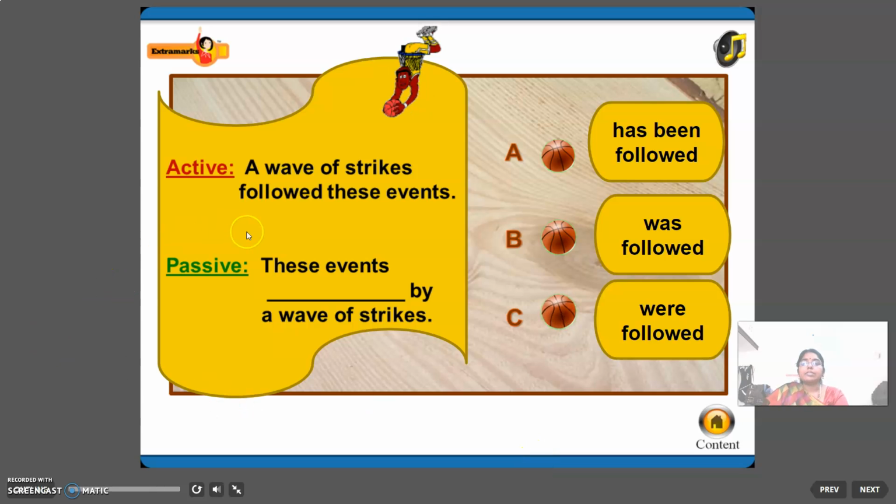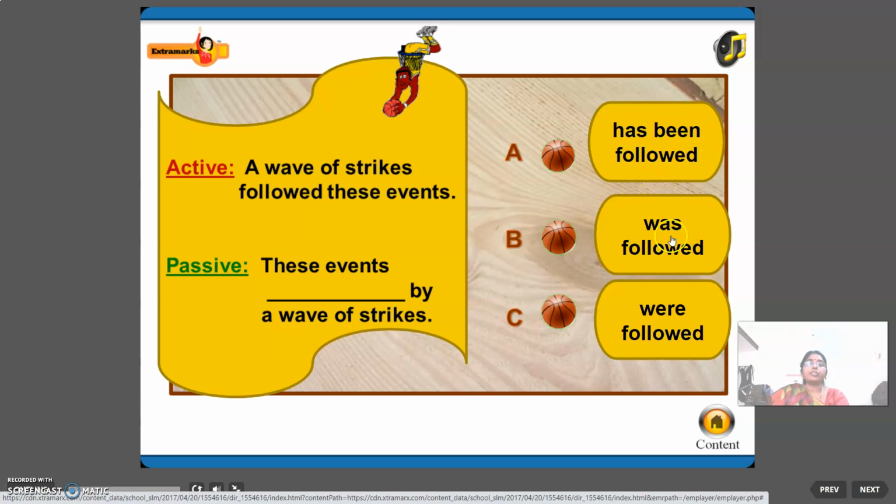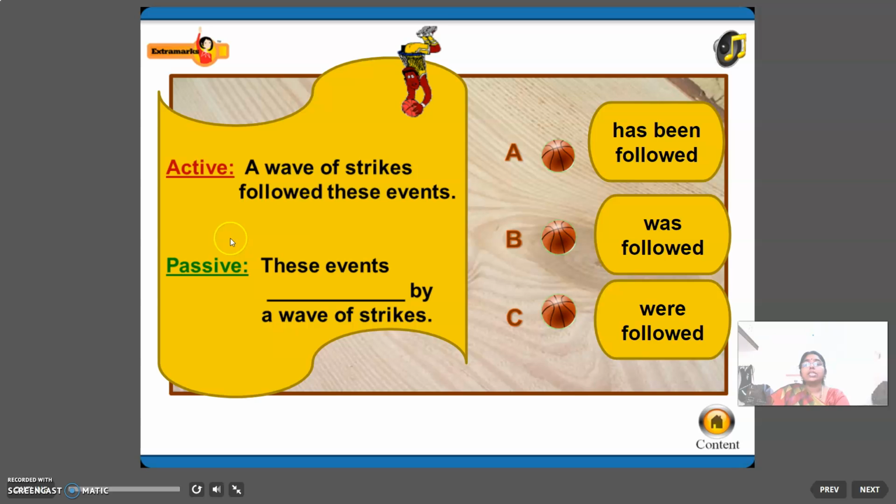Right. First, a wave of strikes followed these events. These events dash by a wave of strikes. Followed: so, has been followed, or was followed, or were followed? See here, events, plural form. Was is also past tense, were is also past tense.